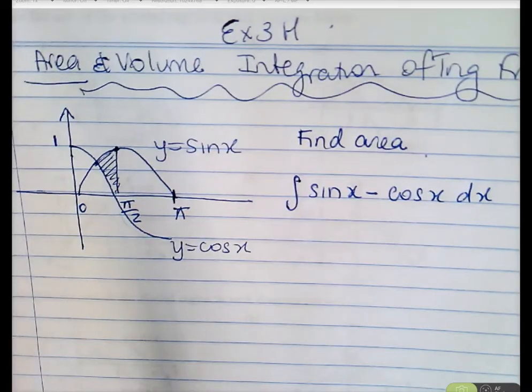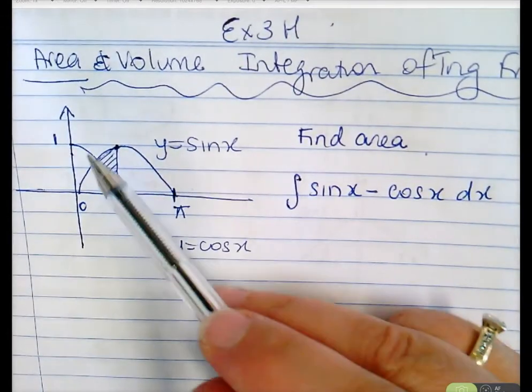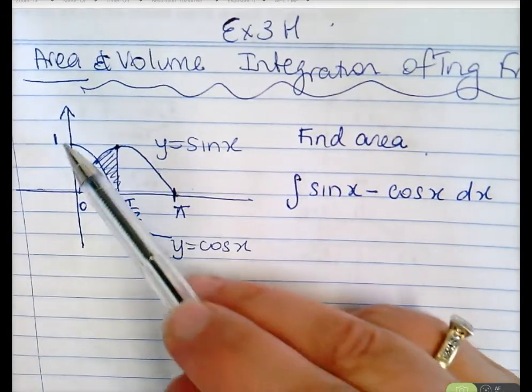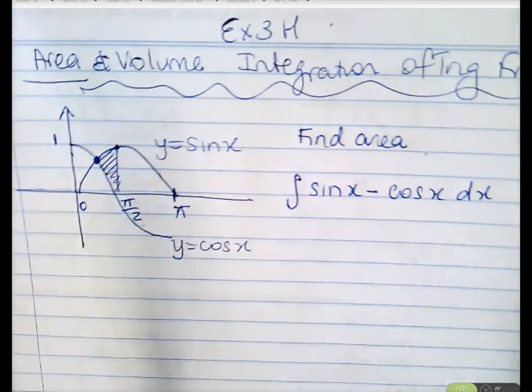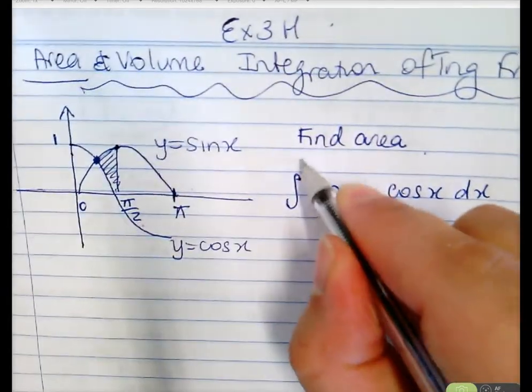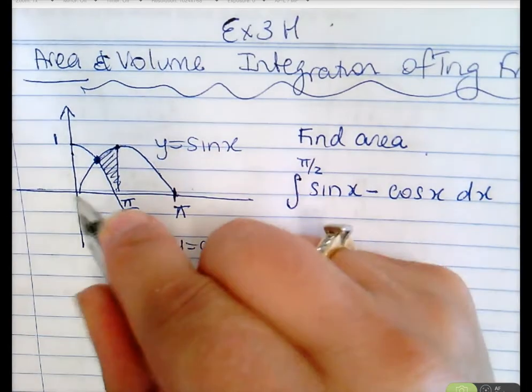All right, girls, in this question we want the shaded area. Now, it's always top curve minus bottom curve. There's the sine curve. There's the cos curve. We have a point of intersection. The shaded area is between the values of pi on 2 and something else. So, girls, no, it's not 0.